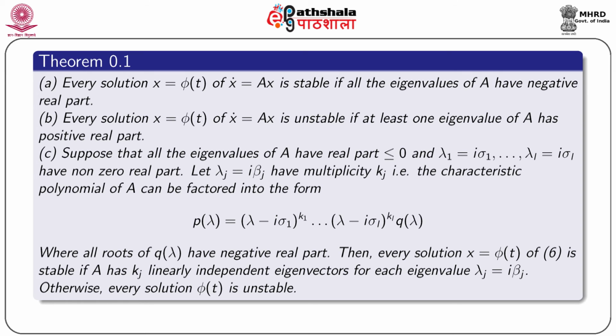Then every solution x equal to phi(t) of (6) is stable if A has k_j linearly independent eigenvectors for each eigenvalue lambda j equal to i sigma j. Otherwise, every solution phi(t) is unstable.